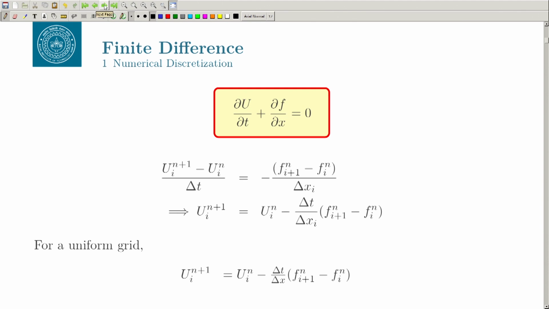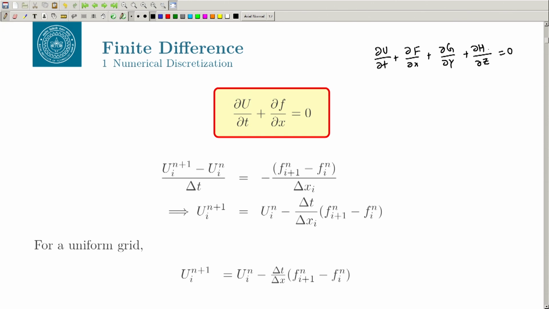If you look at the Navier-Stokes form in the matrix form that we had discussed, we had dU by dt plus dF by dx plus dG by dy plus dH by dz equal to 0. This is in 3D, that is why we have written dx, dy, dz.